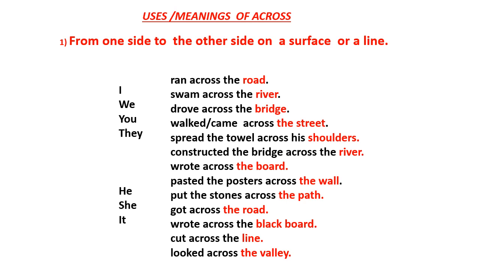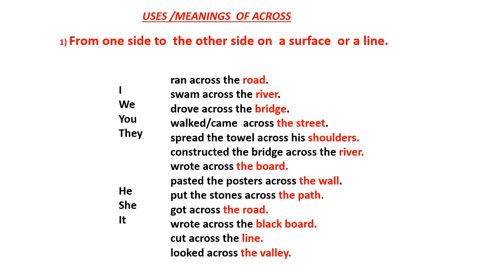Now look at the sentences with the pronoun I. I ran across the road. I swam across the river. I drove across the bridge. I walked or came across the street. I spread the towel across his shoulders. I constructed the bridge across the river. I wrote across the board.